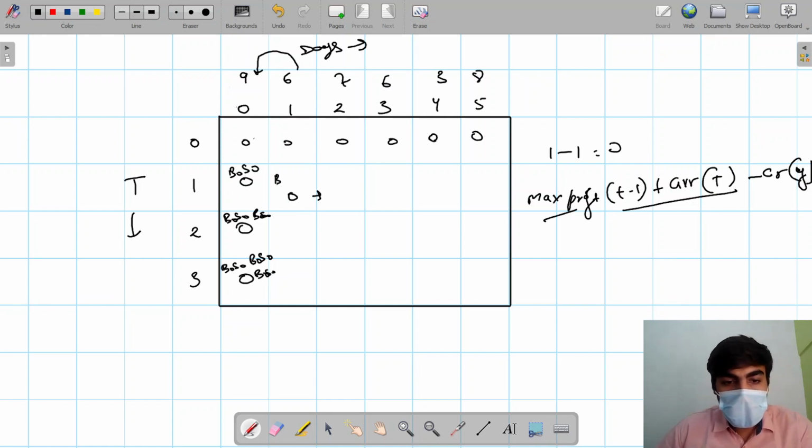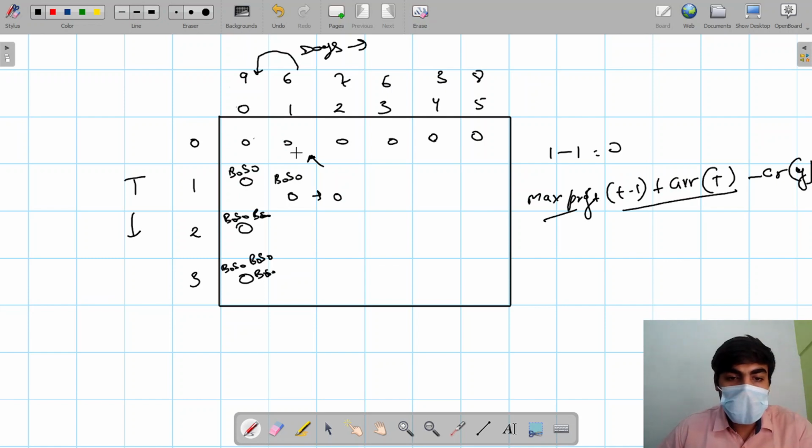We have first chances. The first option is that a transaction is already done on the first day, and we have the maximum profit on the first day. We can take it as it is, or we are calculating for T minus 1 for the previous day's transactions.